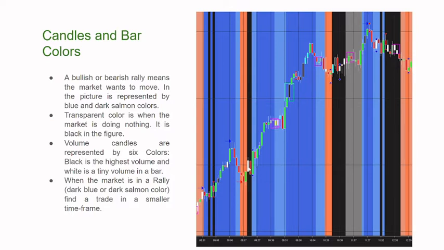I use that. You can change the colors too. You can change whatever color you want, or you can configure your indicator with only very high, normal, and very low volume.